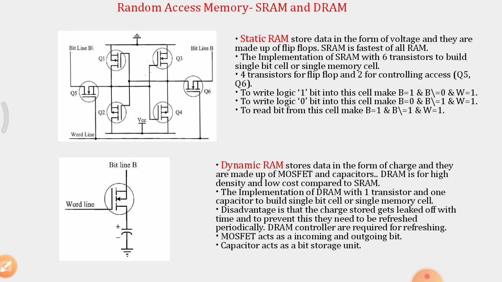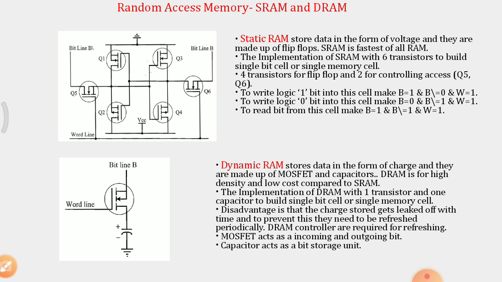So it means we are going to write the data bit 1 into this memory cell. If you want to write a logic 0 bit into this cell, make B equal to 0 and B bar equal to 1 along with word line equal to 1. To read a bit from this cell, you just have to make all the control bits equal to 1: B equal to 1, B bar equal to 1 and W equal to 1.